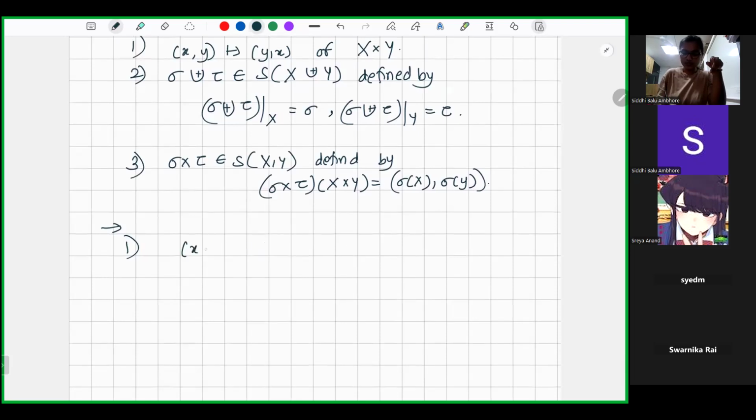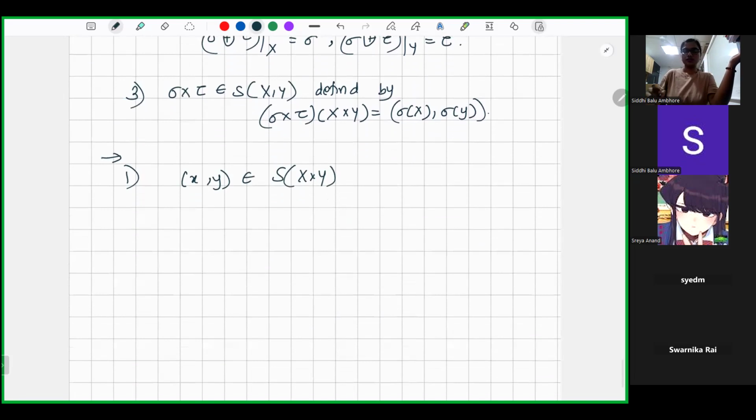So this is a permutation in S of x cross y. When they are doing this, xy going to yx, understand that x and y here must have the same size, otherwise it won't make sense.